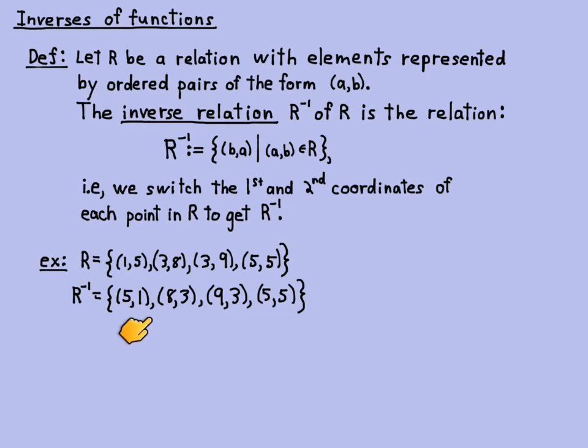I took (1, 5) and switched it to (5, 1). I took (3, 8) and switched it to (8, 3). (3, 9) becomes (9, 3). (5, 5) just stays (5, 5) because it looks the same if you switch the two 5s.